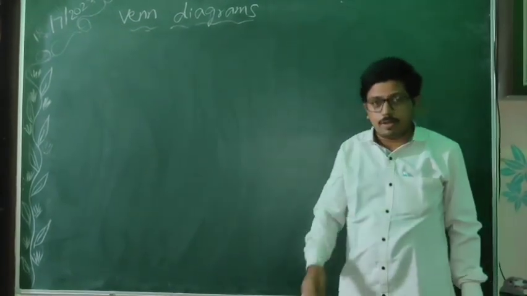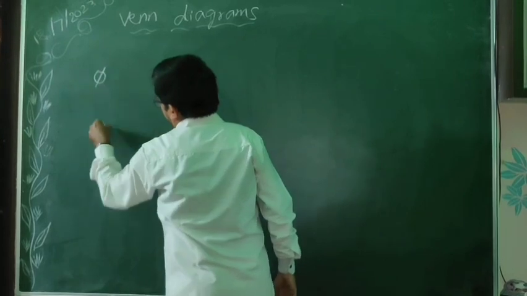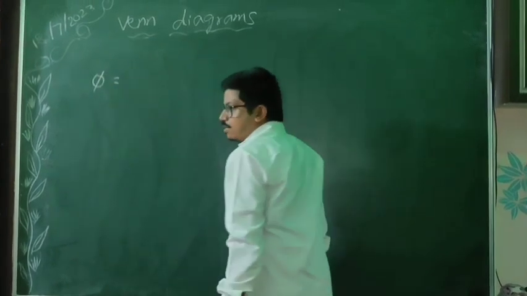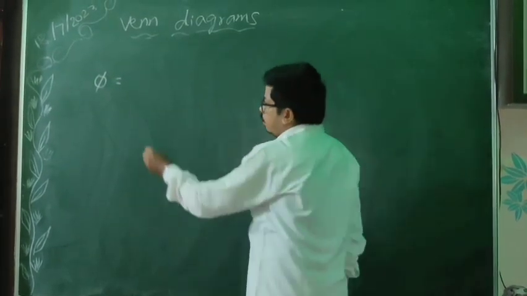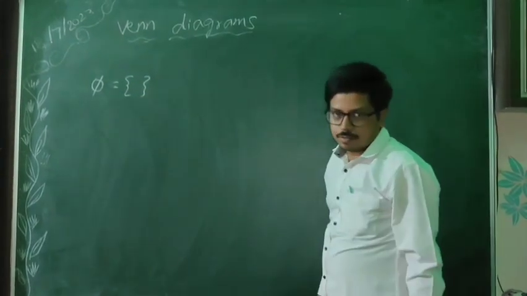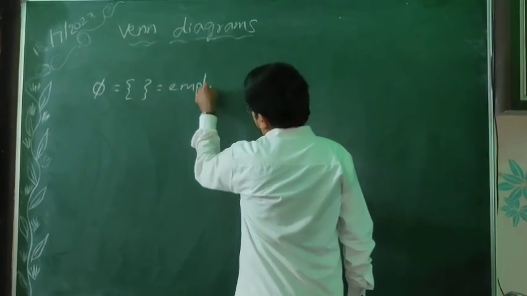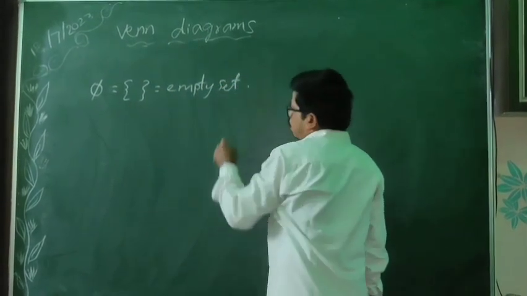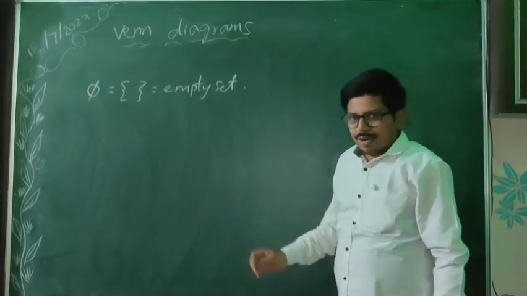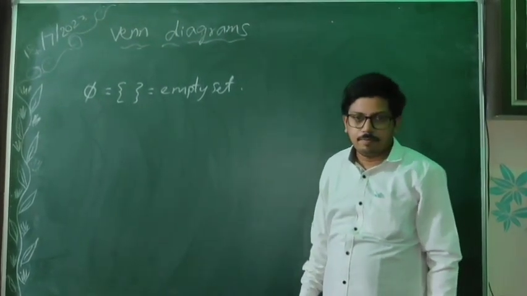All of us know that φ is the empty set, which has no elements. Let me try to show this in a Venn diagram.